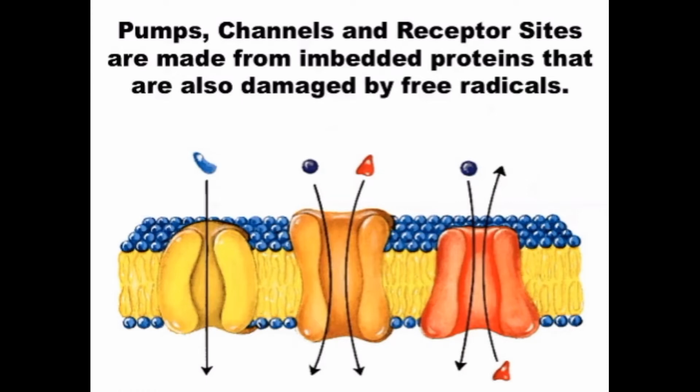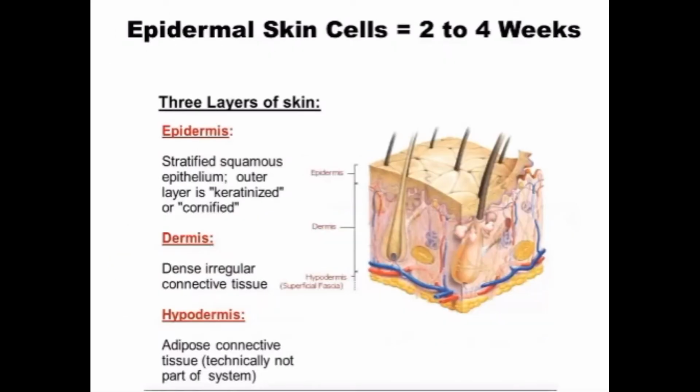Because these receptor sites and channels and pumps act like a hand in glove kind of situation, or a lock and a key maybe is a better example. So when these begin to be damaged and start changing shape, these proteins and minerals and building blocks of the cells can no longer fit properly, and so they're not getting adequate amounts into the cells.